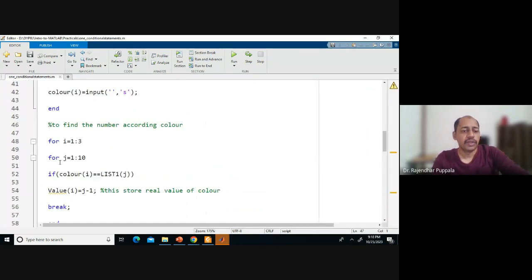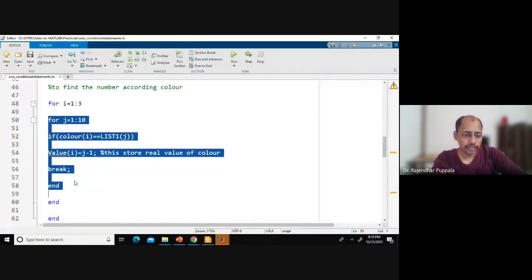If one value is given and this for loop is closed till here, now it will take the value for the second resistance value.